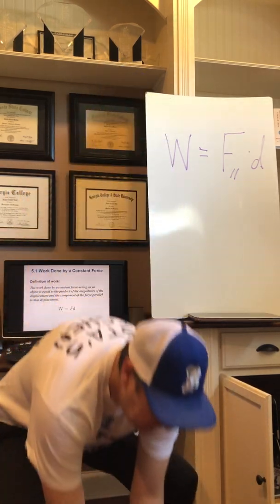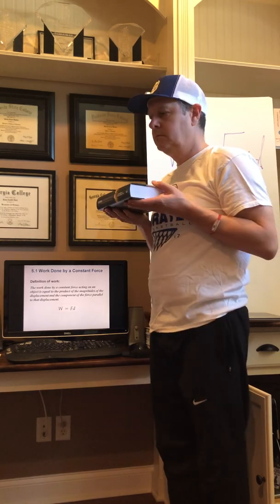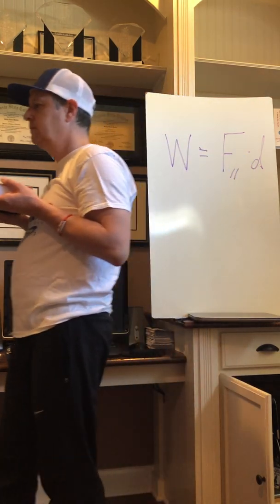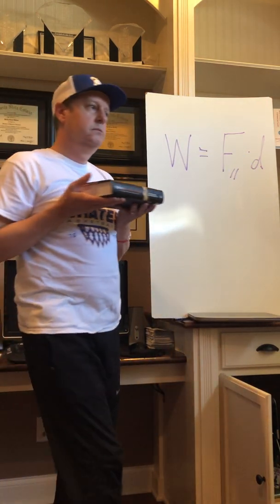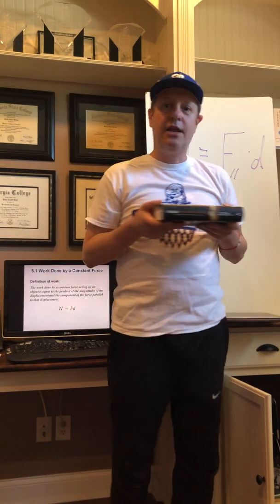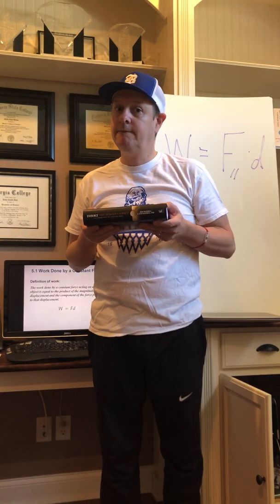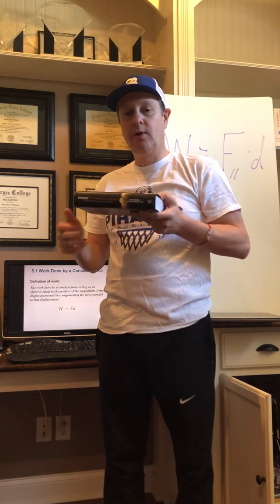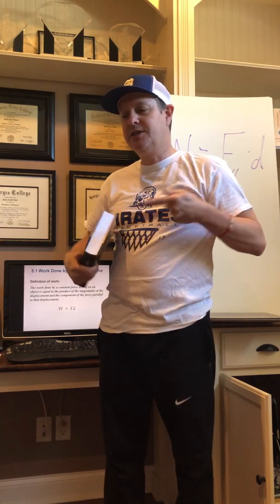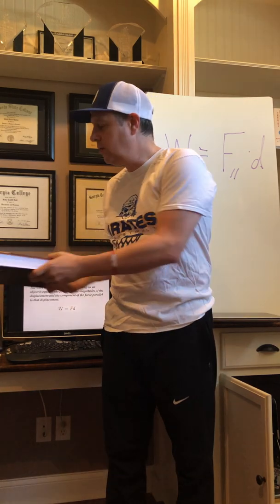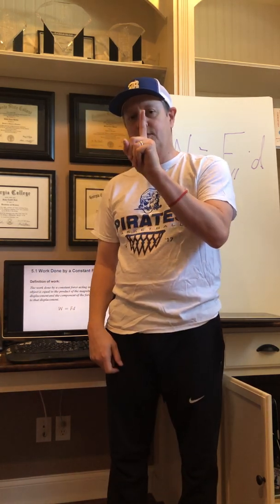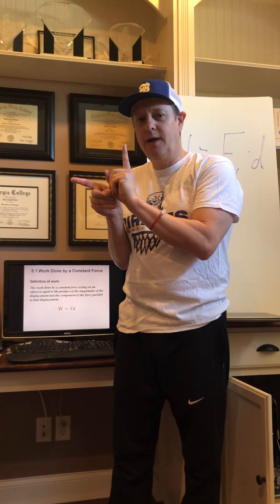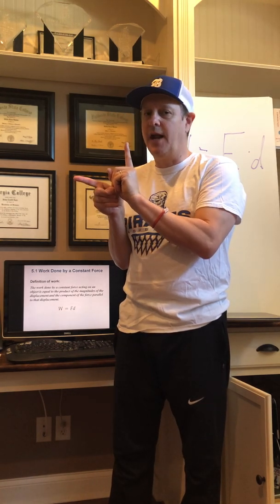How about this example? Did I do work on the book then? No, because I'm still holding up on the book, but the displacement was in that direction. So if my force is this way and the displacement's that way, I did no work on the book. Now, did I move?